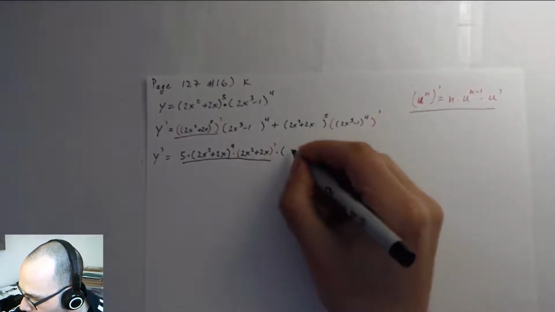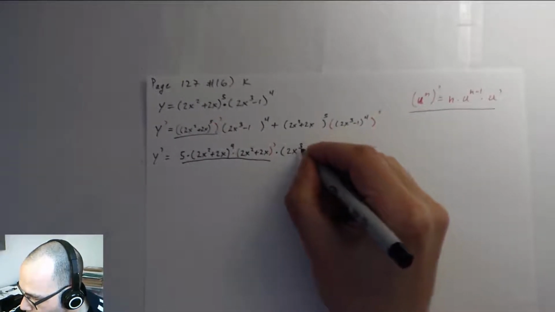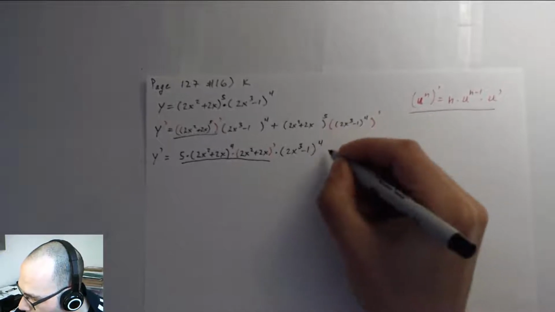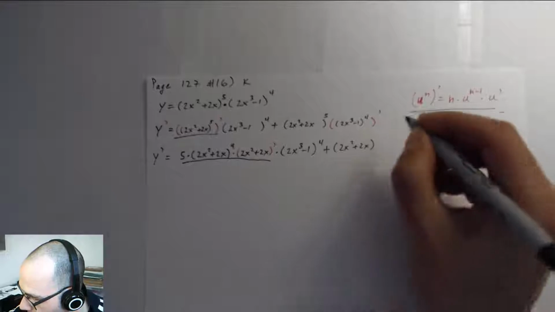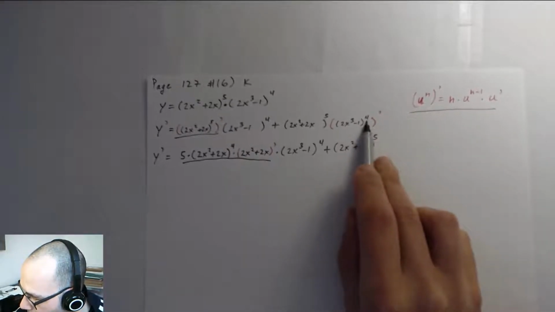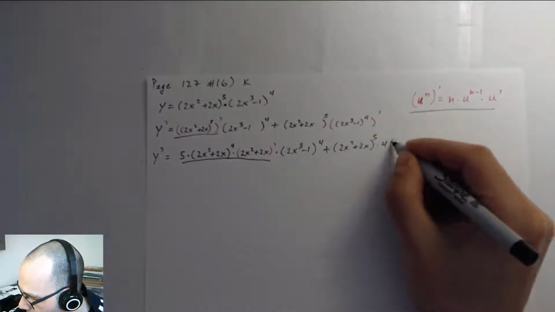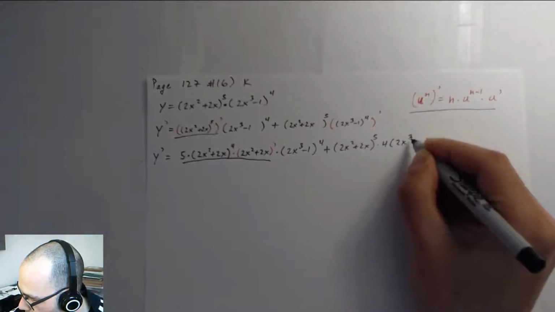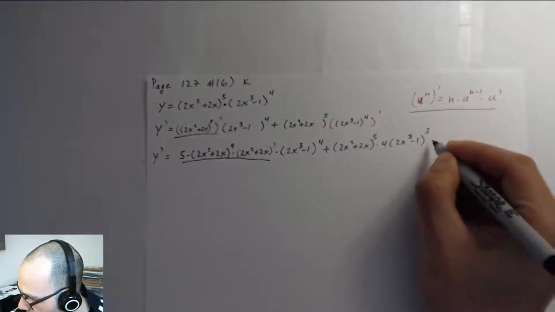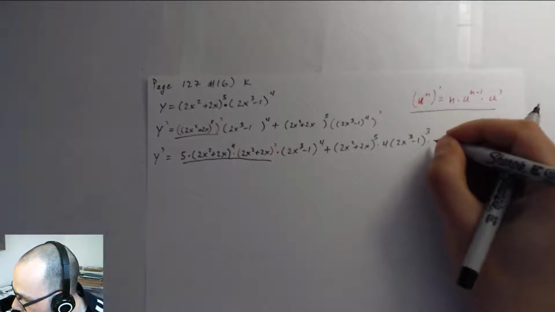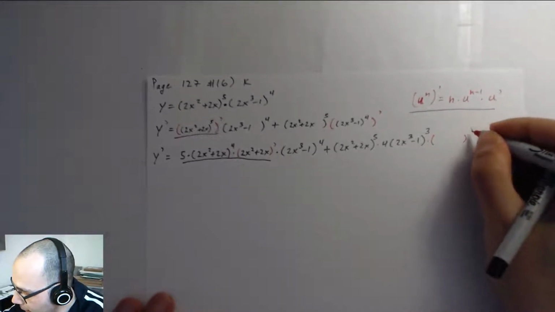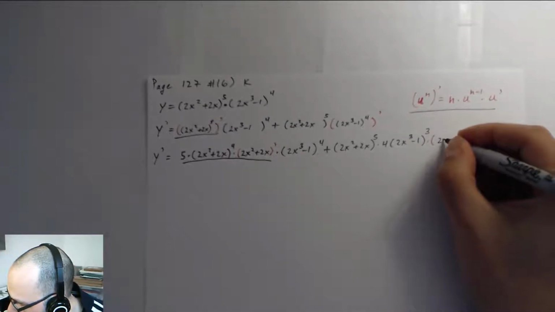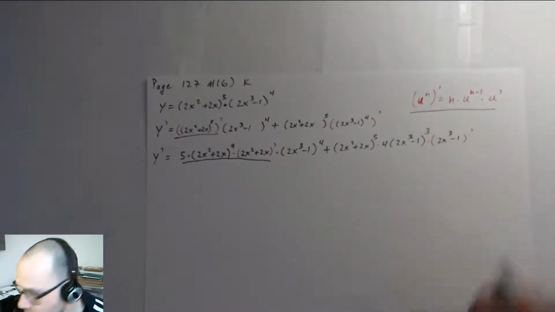I still have to multiply by 2x cubed minus 1 to the power of 4, plus 2x squared plus 2x to the power of 5. Then I bring down the exponent, multiply by 4, 2x cubed minus 1 to the power of 3, multiplied by the inside prime, so 2x cubed minus 1 prime.